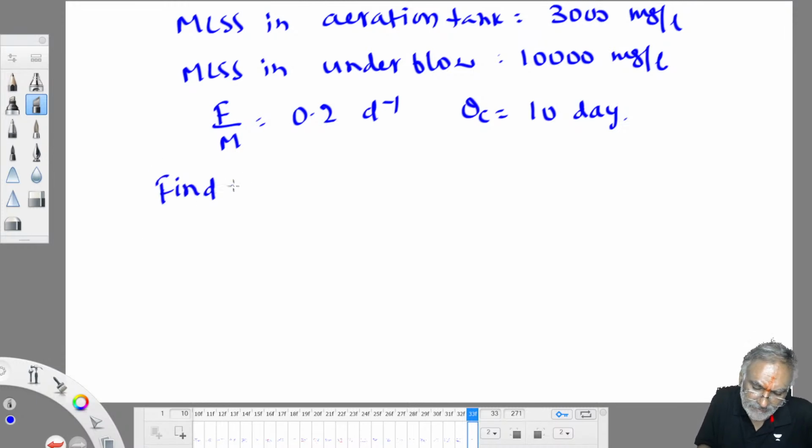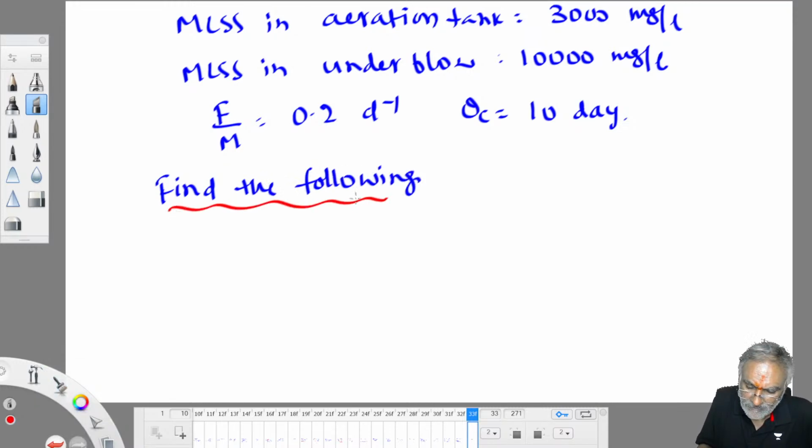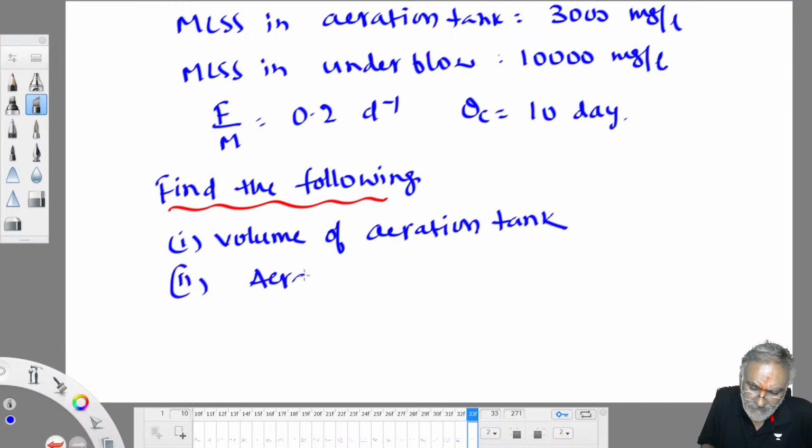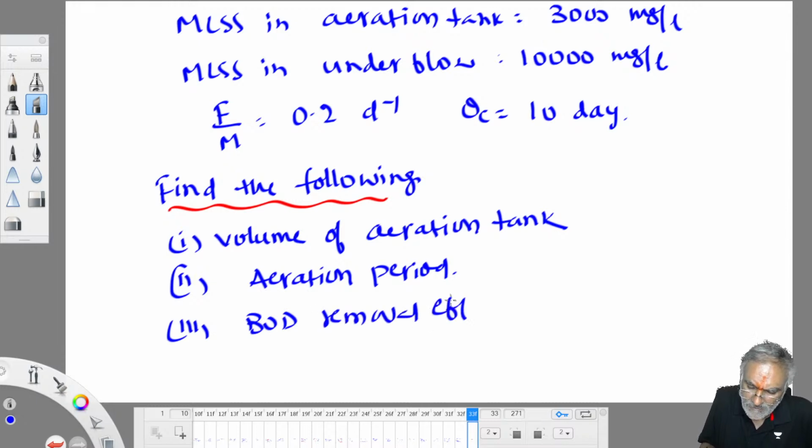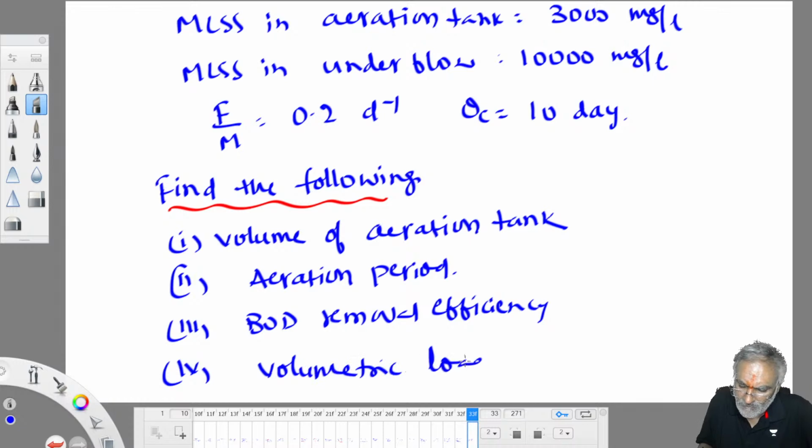Find the following. Volumetric loading rate.